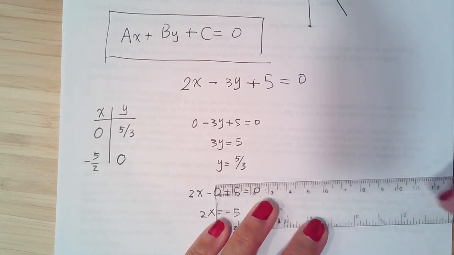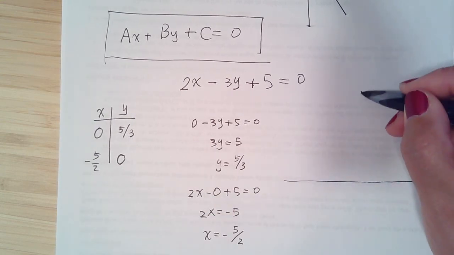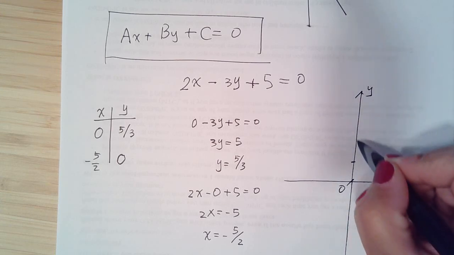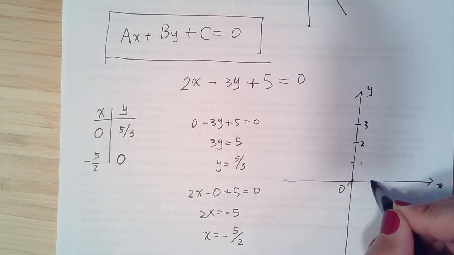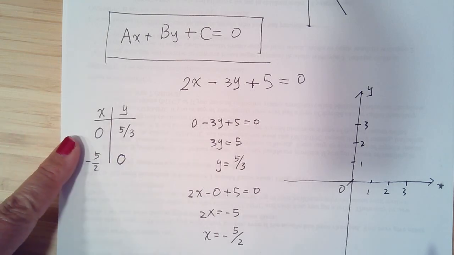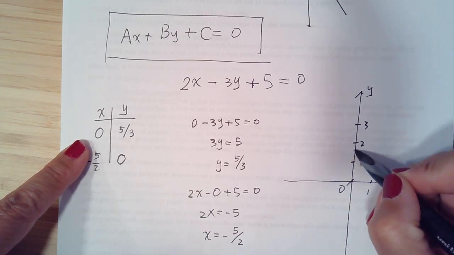So I can do x, y, and 0, 1, 2, 3, 1, 2, 3, and then 1, 2, 3, 1, 2, 3. The first point is when x equals 0, y equals 5 over 3. 5 over 3 is about 1.6 or 1.7, so it's about here.